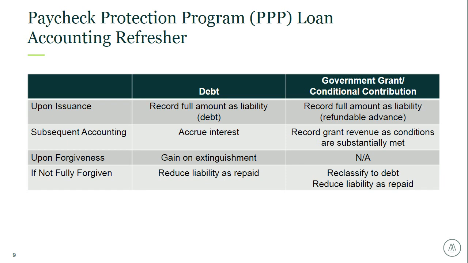In the case where you're able to recognize everything, there would be no journal entry upon forgiveness because there would be no remaining liability. But in the case where the loan would not be forgiven or you're unable to recognize the full amount of the revenue, then any remaining amount not forgiven would need to be reclassified to debt and you'd be back into normal debt accounting.